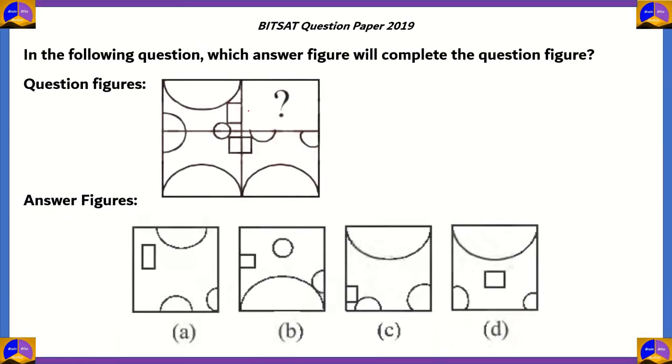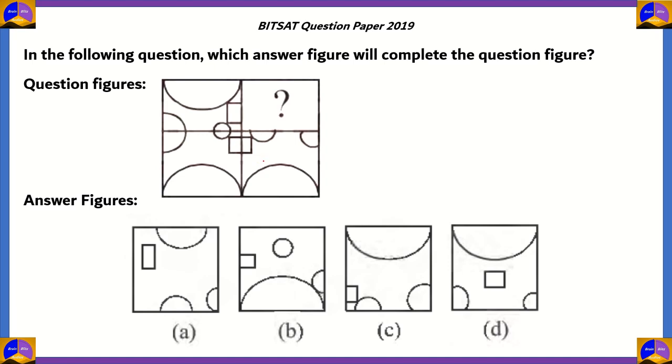Let's now look at another question on incomplete figures. So we have a question figure here, and we need to find out the correct answer figure. So in the question figure, you can find out that in all of the three given squares, we can find a huge semicircle with its diameter equal to the side of the square.